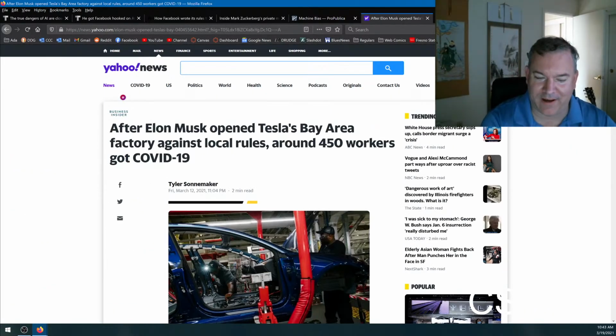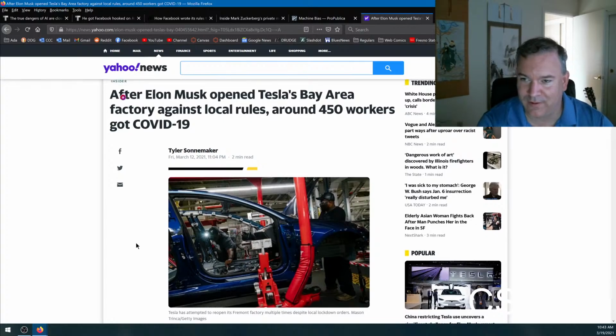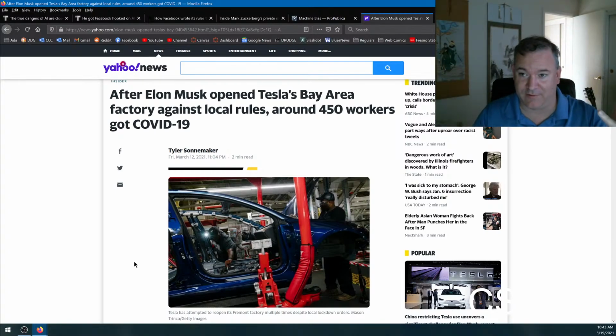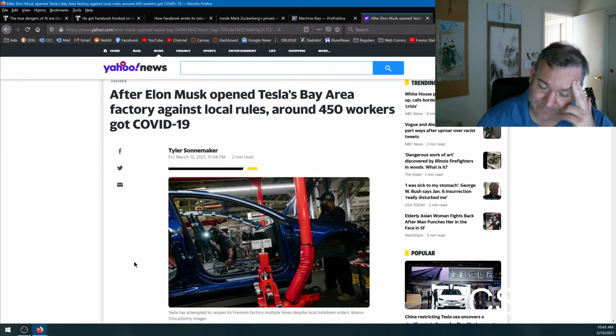So that's how critical thinking works, right? You have to weigh. So it's not just people dying versus making cars, or people getting sick versus people making cars. You also have to look at what would happen if they just stayed at home, right? And so, 5.1% of people in San Mateo County have gotten sick with COVID-19.